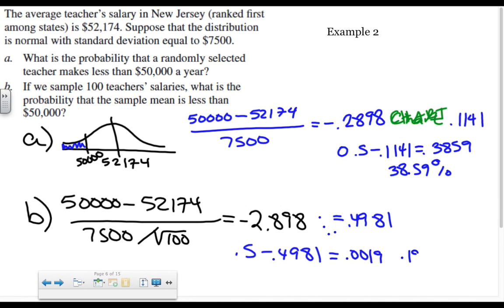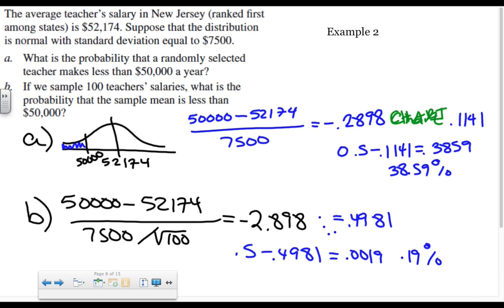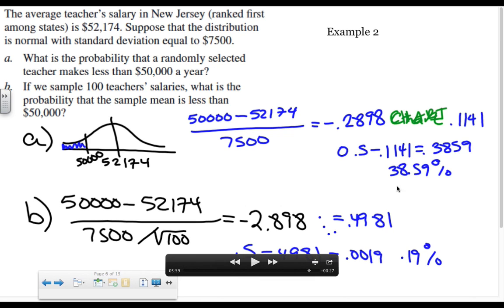So I have a less than 1% chance, in fact a 0.19% chance, that if I were to sample 100 teachers, the mean would be less than 50,000. So the probability that a single teacher is less than 50,000 is 38.59%. The probability that the average of 100 teacher salaries is less than 50,000 is 0.19%. So those are quite different.